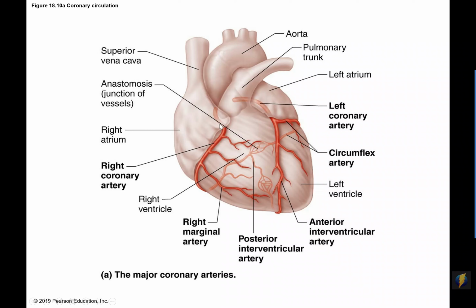The right coronary artery then wraps around the heart in the right direction, and branching off of that is the right marginal artery, as well as in the back, the posterior interventricular artery. And you can see here these little anastomoses, these little connections between the blood vessels, in this instance in the back of the heart.